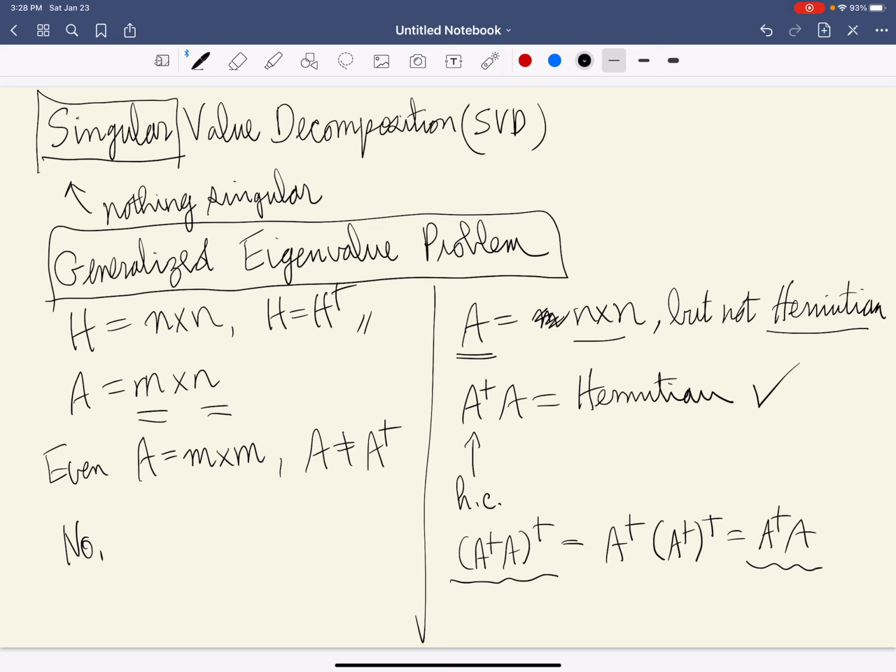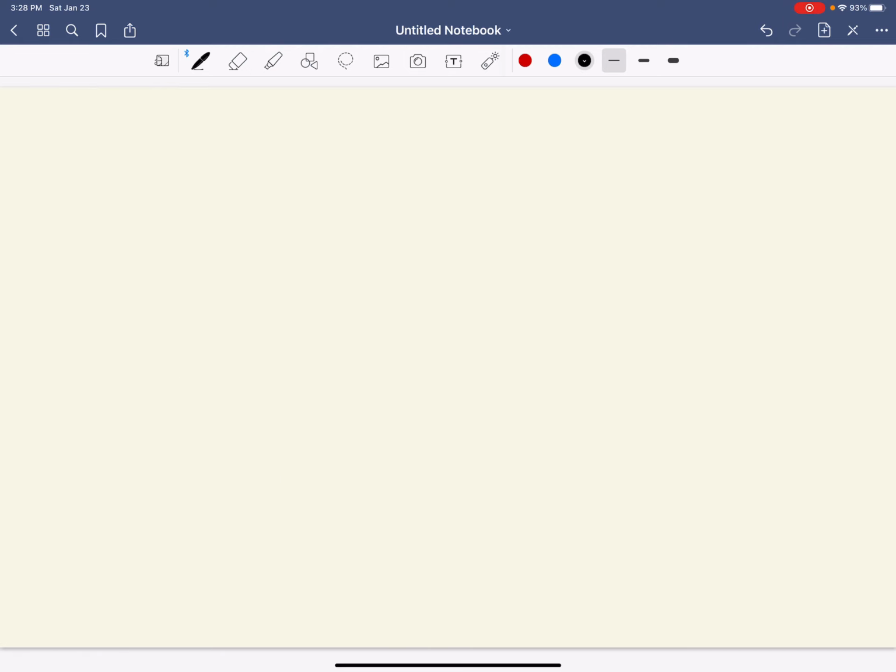So once we have a Hermitian matrix, we can apply all of the wonderful mathematical results that pertain to a Hermitian matrix, including the existence of an eigenstate.